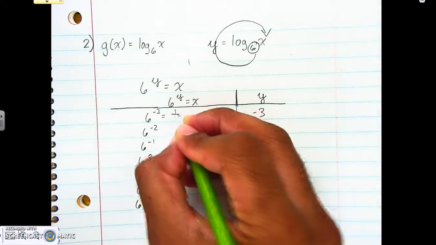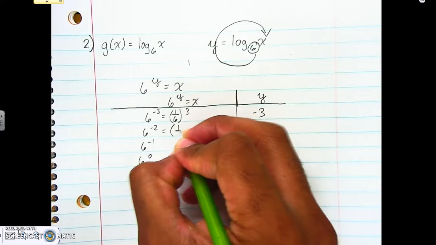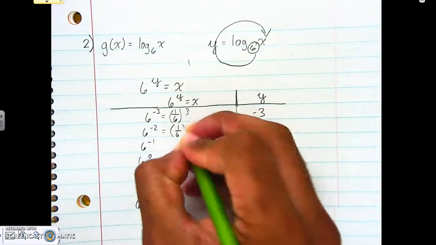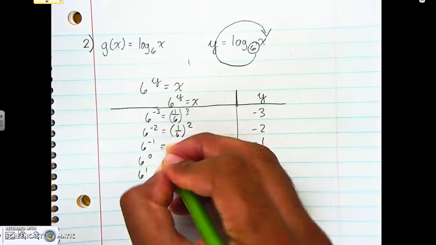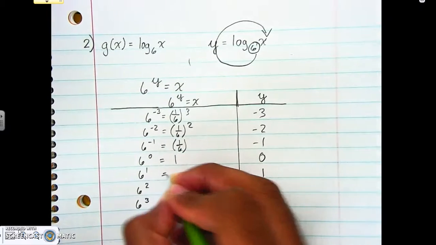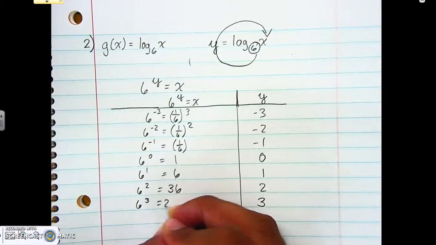And again, we know we're doing 1 over 6 cubed, 1 over 6 squared, 1 over 6, and then 1, and then 6, and then 36, and then 216.